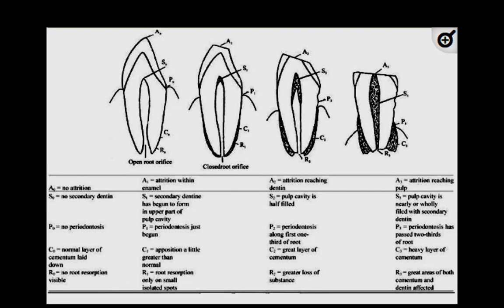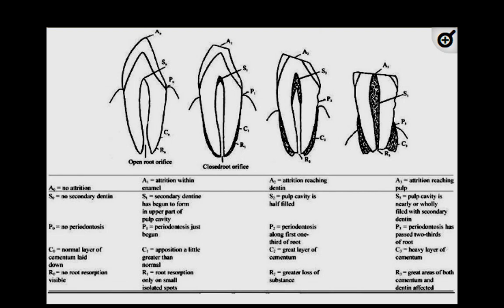And in the second, where the root orifice is closed, A1, attrition within the enamel. You can see at the top A1, attrition within enamel. S1, secondary dentine has begun to form in the upper part of the pulp cavity. P1, periodontosis just begun. And C1, apposition a little greater than normal. And R1, root resorption only small isolated spots.